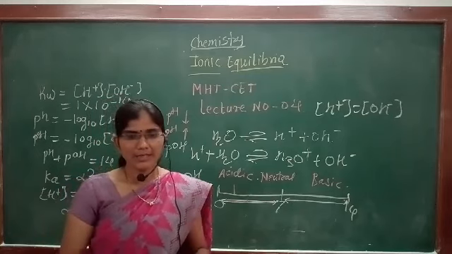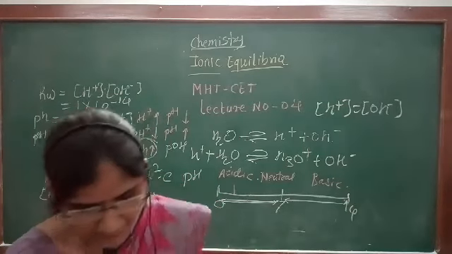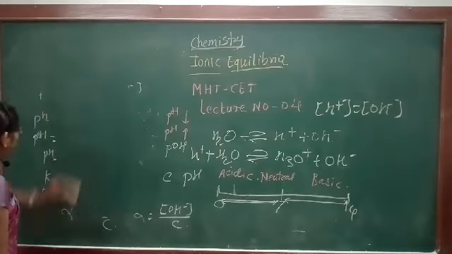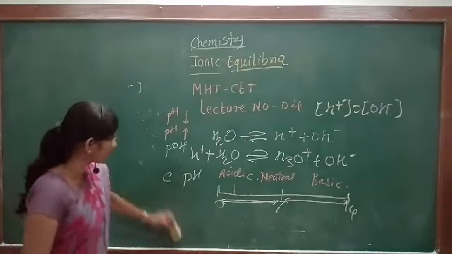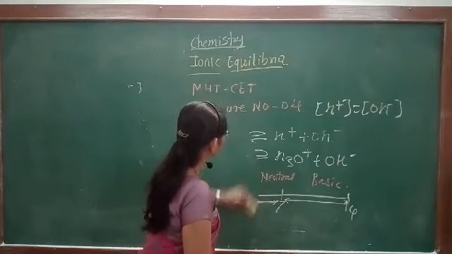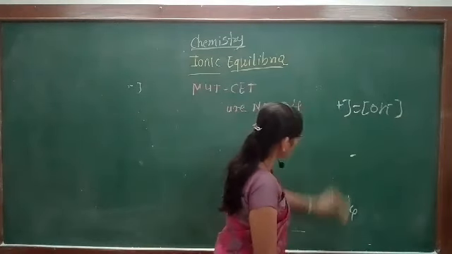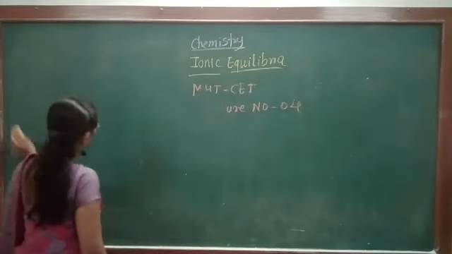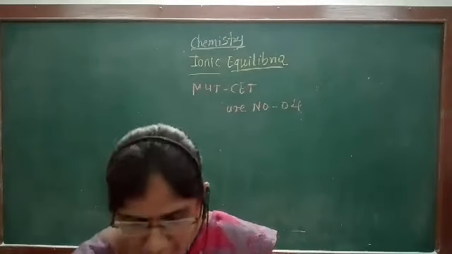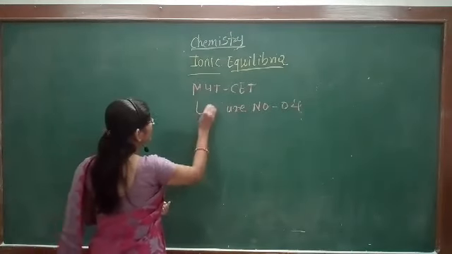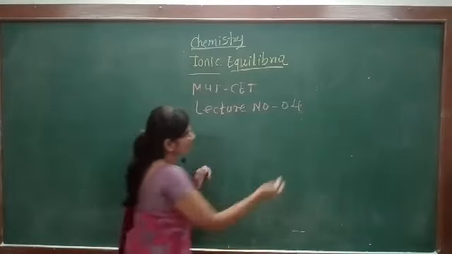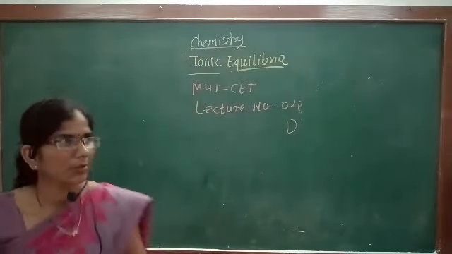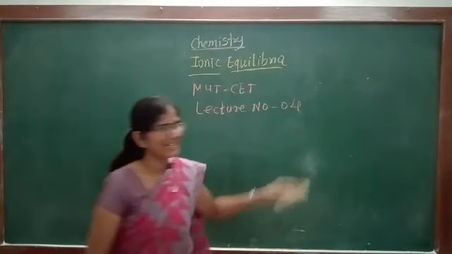So what is the first MCQ? The pH of 0.01 molar acetic acid is.